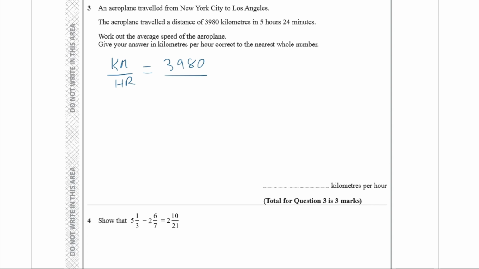Well, I guess we can use a little trick here and change this into an improper fraction. 24 out of 60 minutes, if you were to change that into hours, divide the top and bottom by 12, you'll get 2/5. So this is either 2/5 of an hour, or you can say 0.4 as a decimal, so it's up to you.